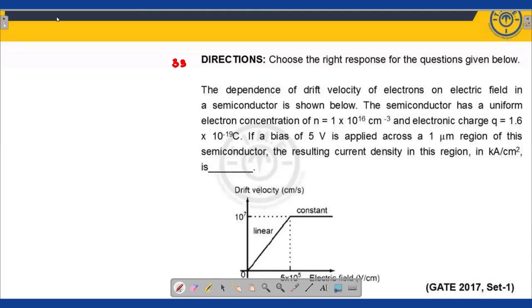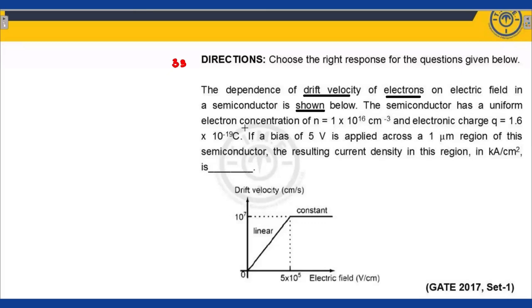See, my dear friends, this is a 2017 question. The dependence of the drift velocity of electrons on electric field in a semiconductor is shown below.